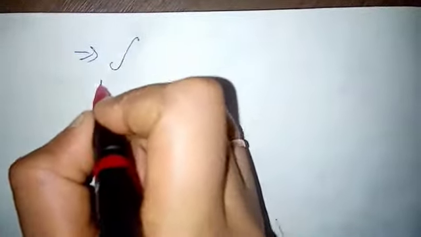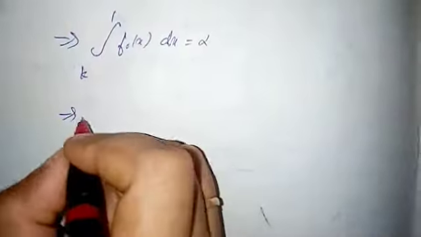That implies the integral from k to 1 of f naught of x dx equals alpha.